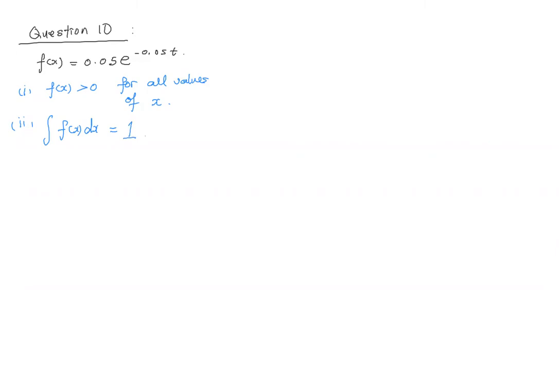So these are the 2 criteria. When I solve this, after that you must know how to calculate the mean. Mean is the expected value, correct? So how to calculate? What is the formula? Integrate x f x. The limits you have to put by yourself, correct? Then how to calculate the standard deviation?